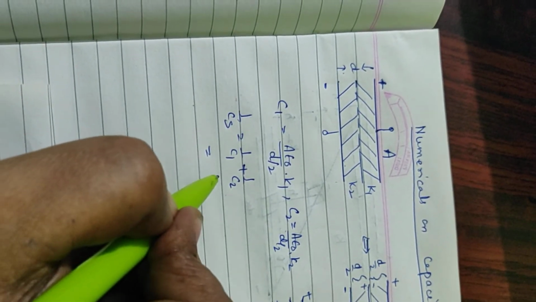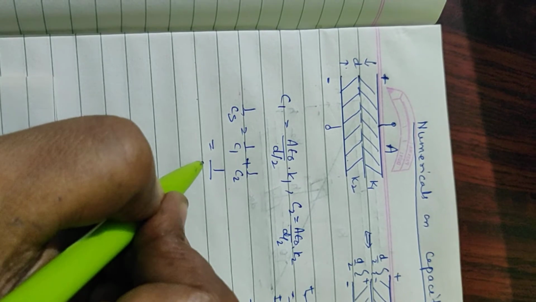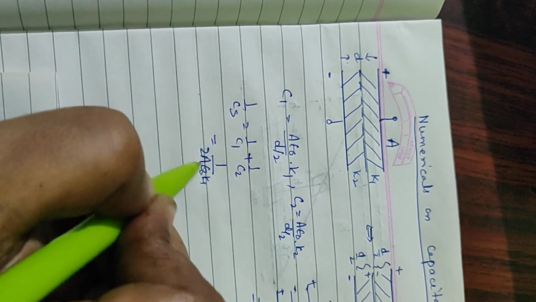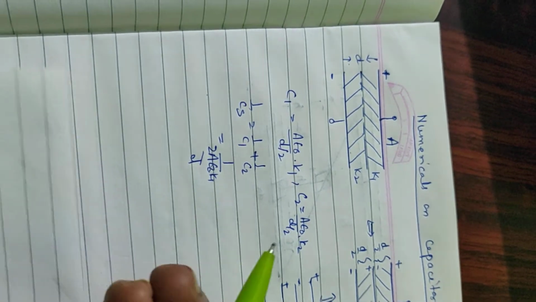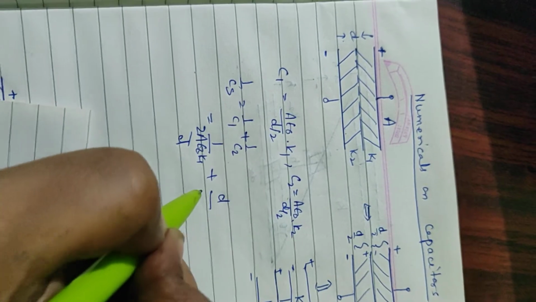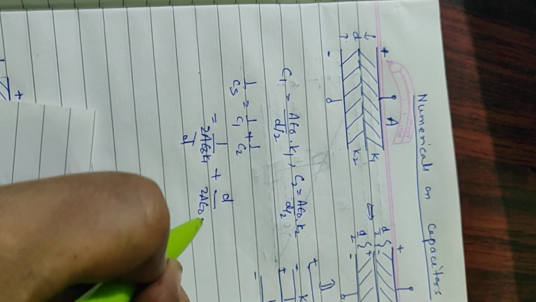We have written the value of C1 and C2, so it's 1 by Cs equals 2 by A epsilon naught K1 into D, plus D by 2A epsilon naught K2.